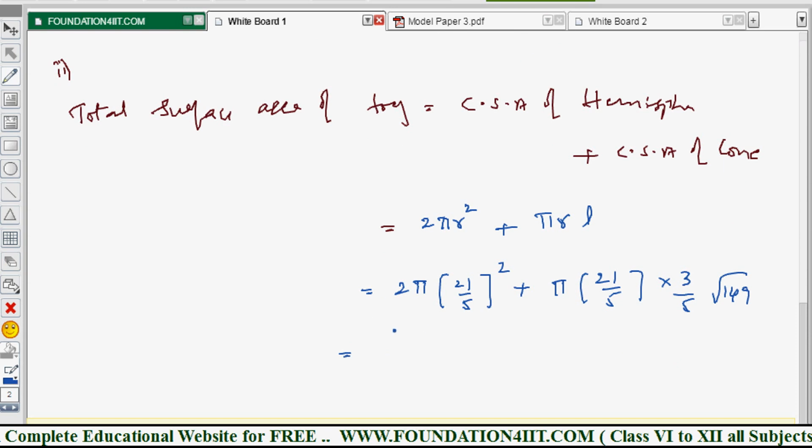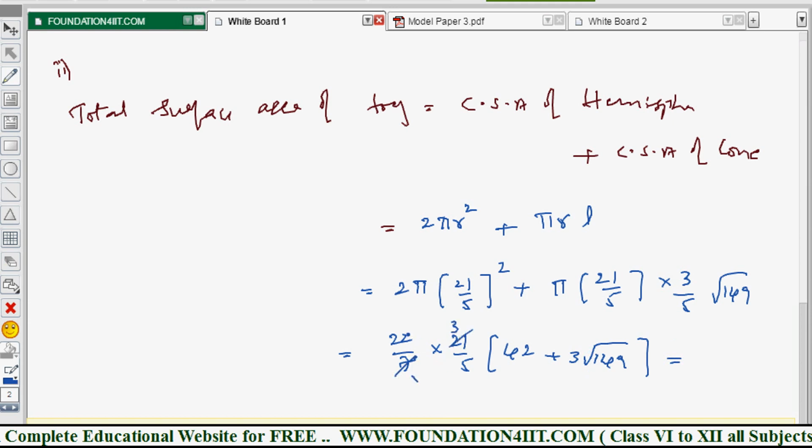To simplify, take pi common, then we get 22 by 7 and 21 by 5 is common. The remaining is 42 plus 3 into square root of 149. Finally 22 into 3, you can cancel 7 on the 7 3s.